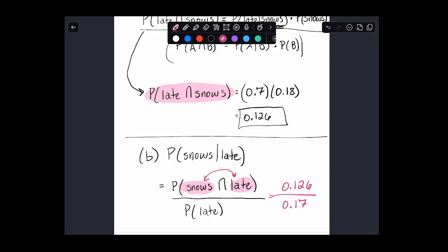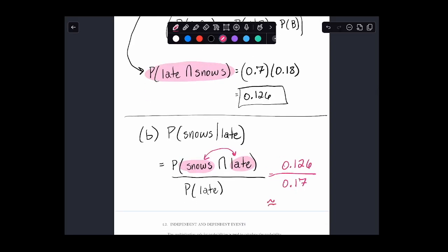So this probability we're looking for is 0.126 divided by 0.17, and this is about, if we round, about 0.74. And we could round a little bit farther. We could show more decimal places if we wanted to, but this is that probability. So if we know that they're late, there's about a 74% chance that it snowed that day.